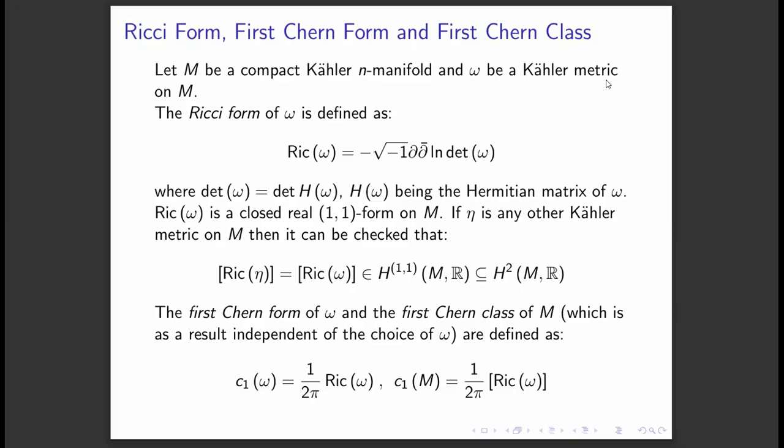I thought that small omega is the Kähler matrix. I may have confused the canonical line bundle with this omega. Yes, omega is the Kähler form associated to the Kähler metric.